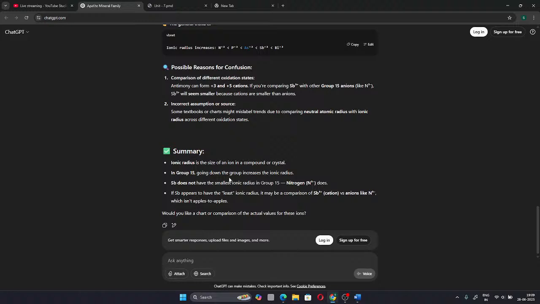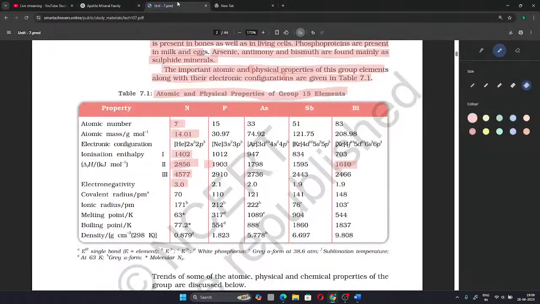When an atom loses electrons, due to less electron repulsion and the decrease in shielding effect, the size decreases. And for an anion, it is the opposite. As more electrons are added, there is more electron repulsion, hence more size. So, okay, let's leave the ionic radius.